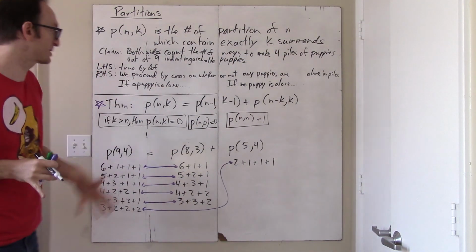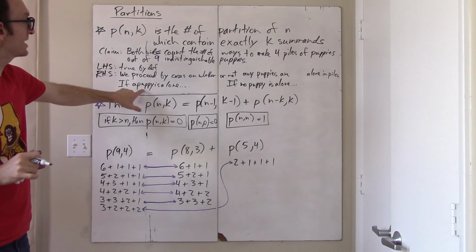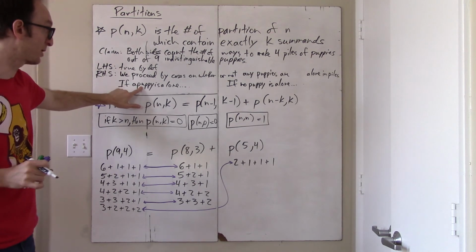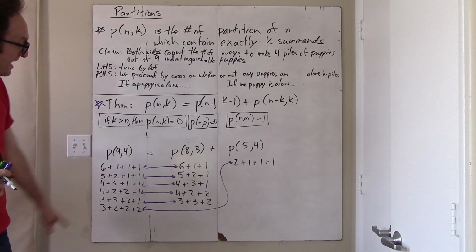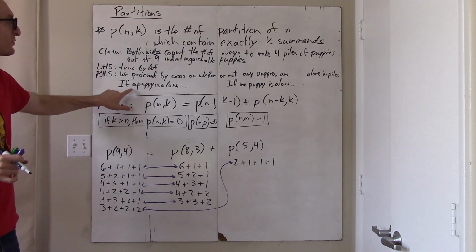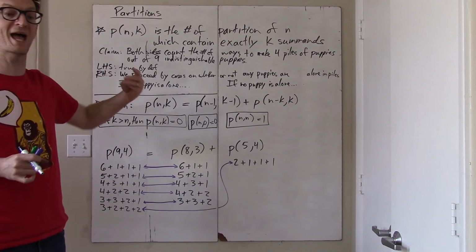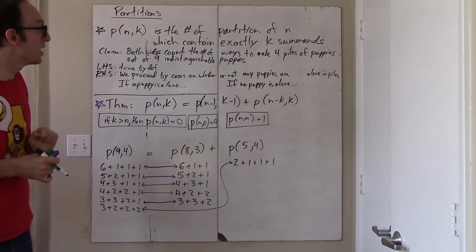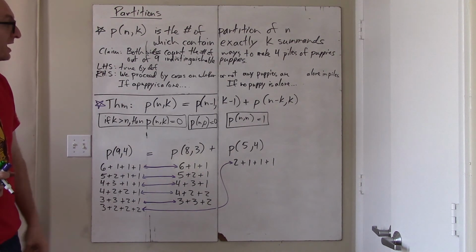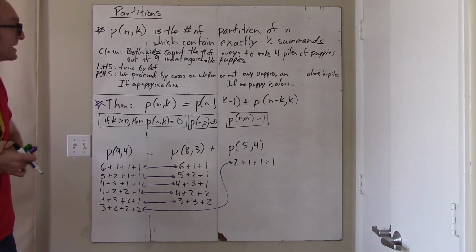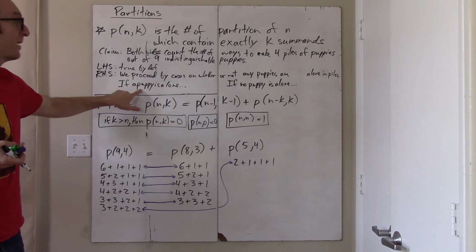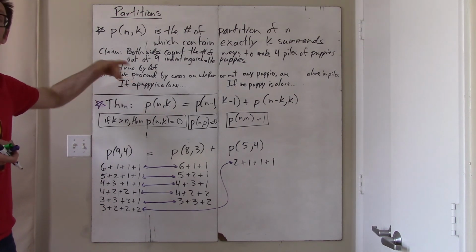The first set of partitions to consider are partitions in which at least one puppy is alone, which is just another way of saying that at least one number in the partition is a 1. That's what it means for there to be a puppy that's alone. At least one of the piles has only one puppy in it. Well, then what we could do is just ignore that lone puppy and take a look at the other 3 piles.